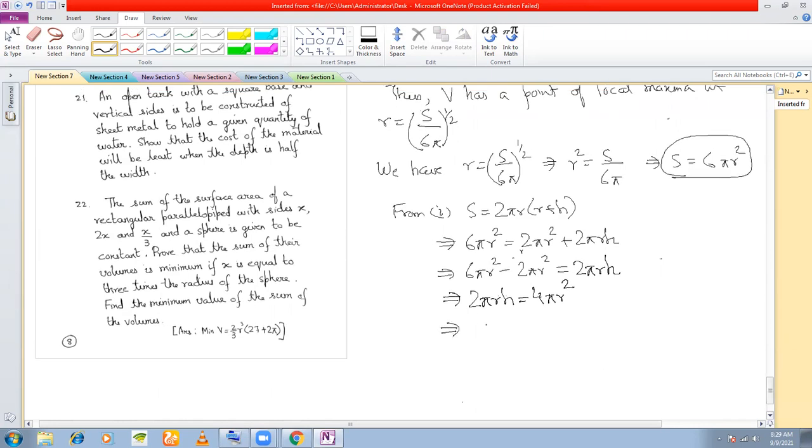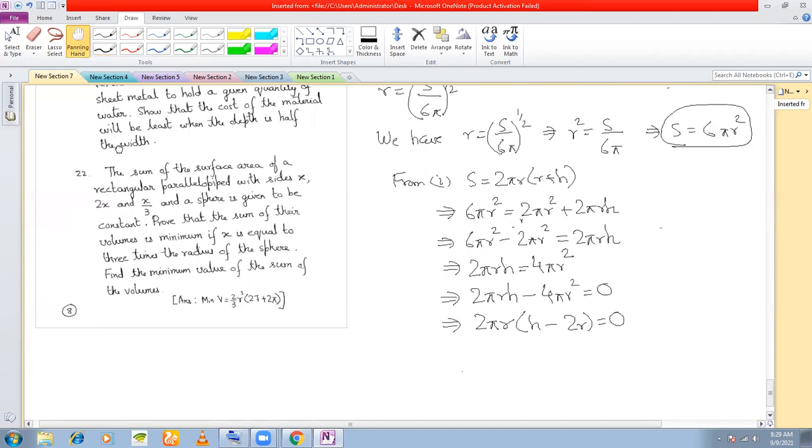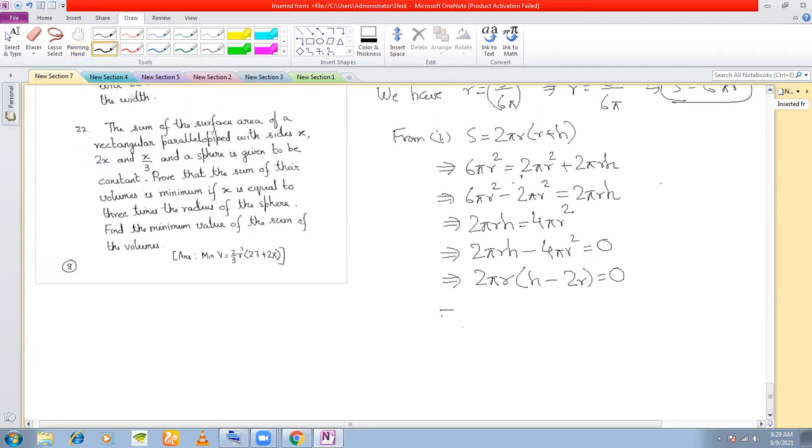Here, what is the relation between r and h? You take everything on one side. 2 pi rh minus 4 pi r square is equal to 0. Okay, so now you can take 2 pi r common to get h minus 2r is equal to 0. That means h is equal to 2r.